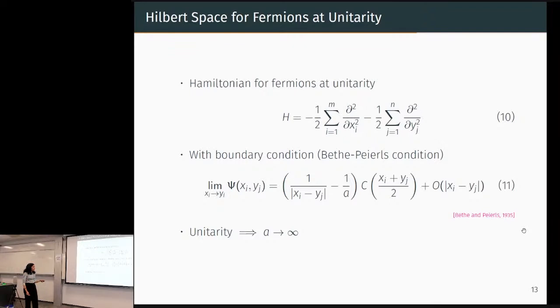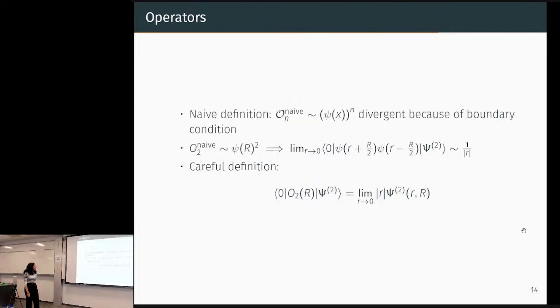When you take a to be infinity, that's the unitarity limit. So the Hilbert space would consist of all wave functions which solve the free Schrodinger equation with the boundary condition imposed.